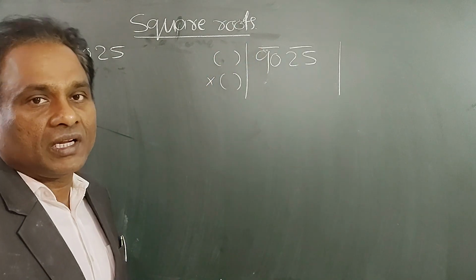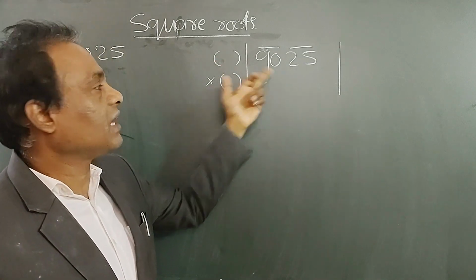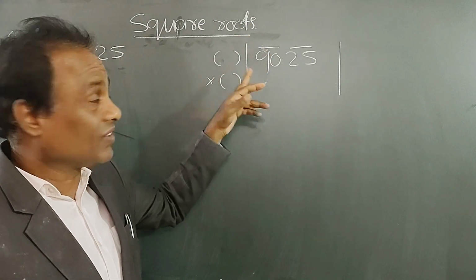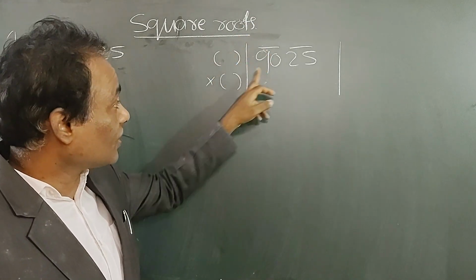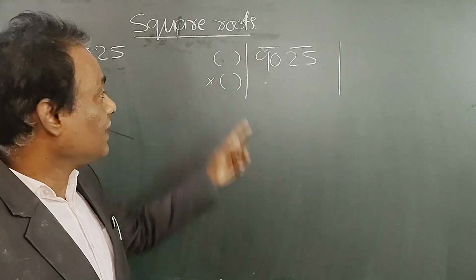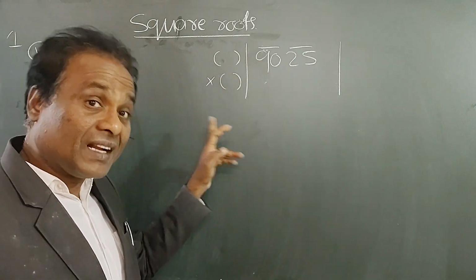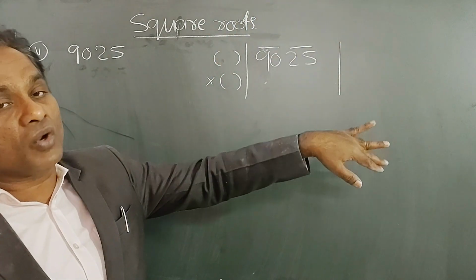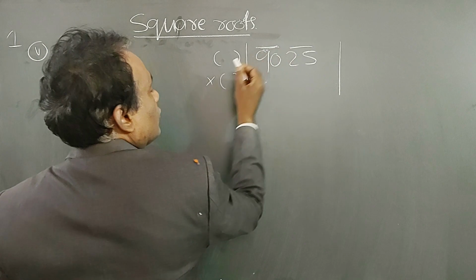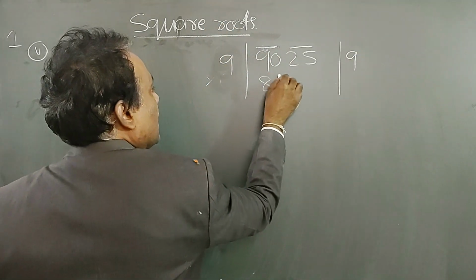Maximum number we should get. 3 3s are 9, 4 4s are 16, there is a lot of difference from 90. 5 5s are 25, 6 6s are 36, 7 7s are 49, 8 8s are 64, 9 9s are 81, 10 10s are 100. 100 is more than 90. So we take only 1 digit for the first pair. So 9 9s are 81.